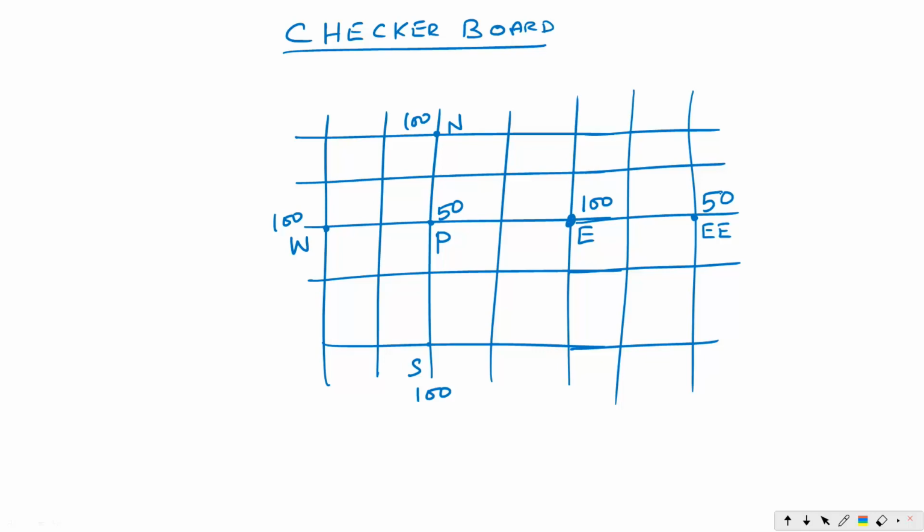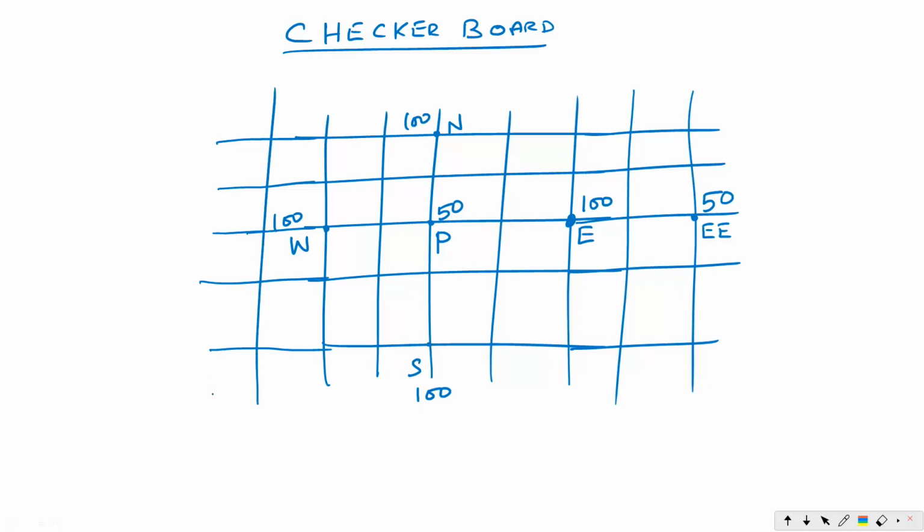The first value is 50, then 100, then 50, then once again 100, once again 50. So it is alternate black and white, or alternate white and black. So the value is going to get repeated in this fashion, and this is called the checkerboard arrangement. If you want, I can extend this side also. Just for your understanding, first of all we should know what is meant by checkerboard arrangement.